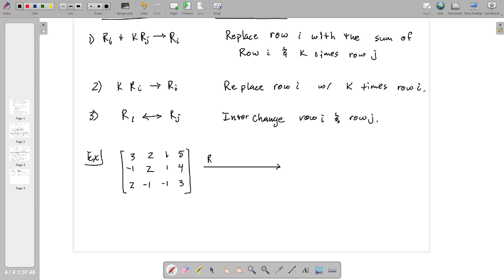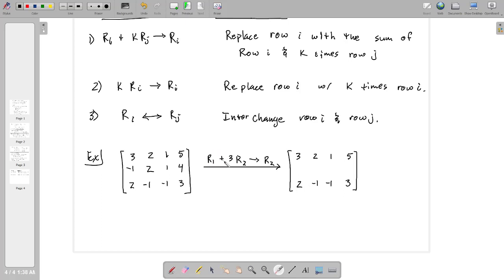I'm going to say row 1 plus 3 row 2, and we're going to replace row 2. So notice here that my i is 1 and this is actually j. We're taking 3 times row 2, but we're replacing row 2, not row 1. Now you can replace either row, but in this particular problem, we're going to replace row 2. I'm not changing row 1, nor am I changing row 3, so I'm going to rewrite those. 3, 2, 1, 5, and 2, -1, -1, 3.